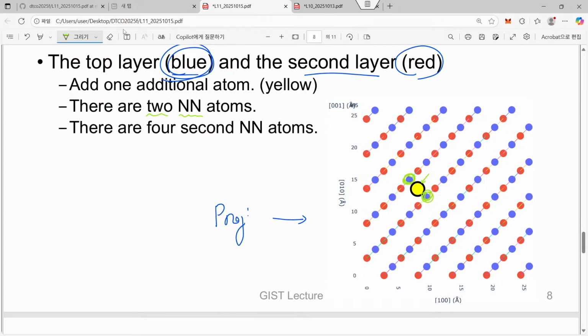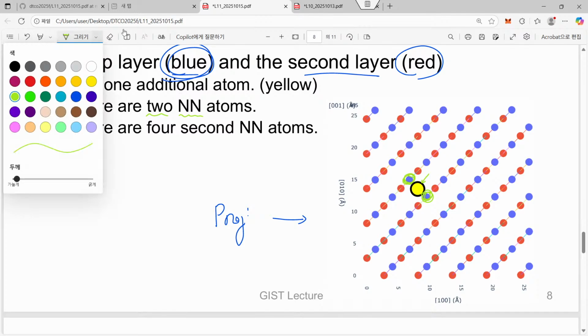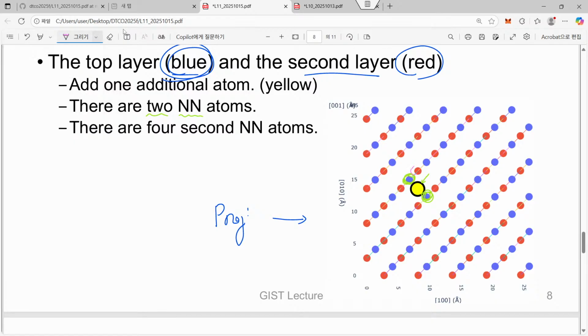And how about the second nearest neighbors? Which color will they be found in? You can find that these four will be our second nearest neighbors.